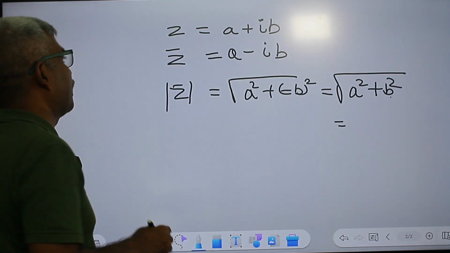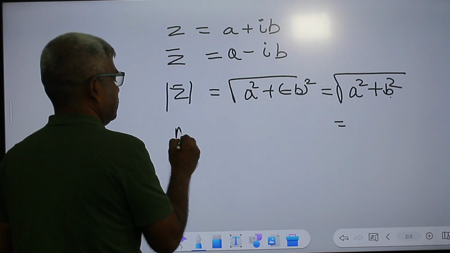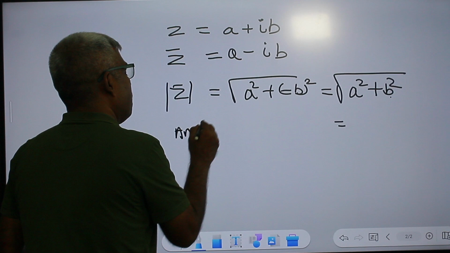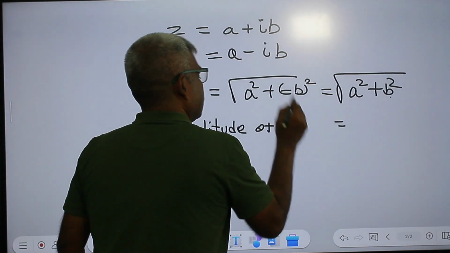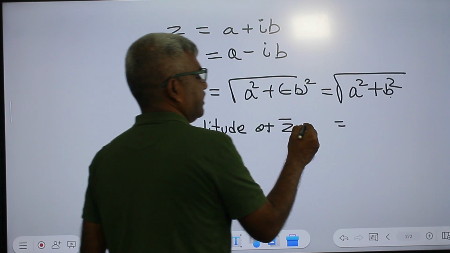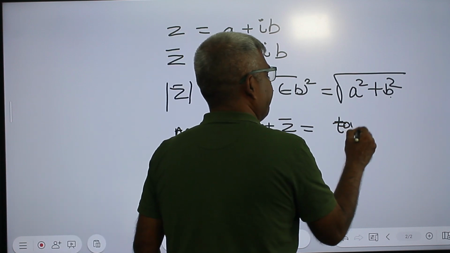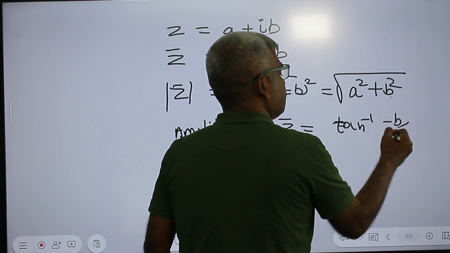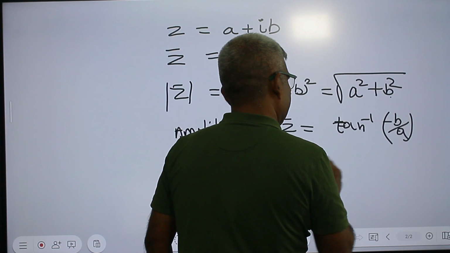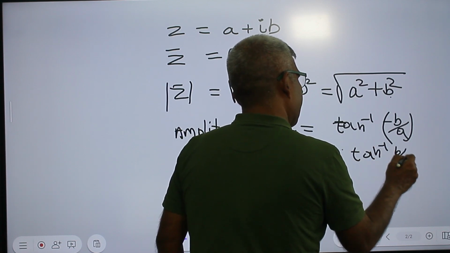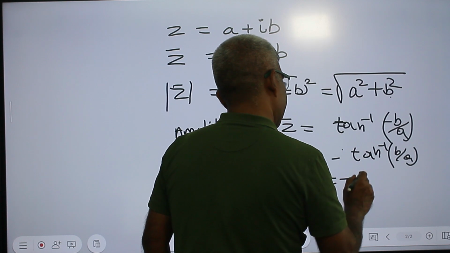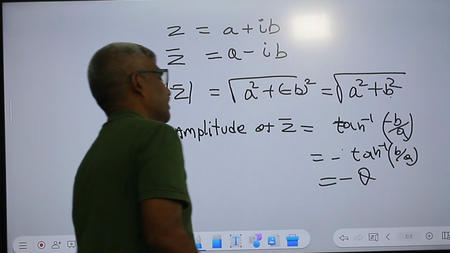But the amplitude of z bar, conjugate z, is equal to tan inverse of minus b by a. It is nothing but minus tan inverse b by a. It is minus theta.